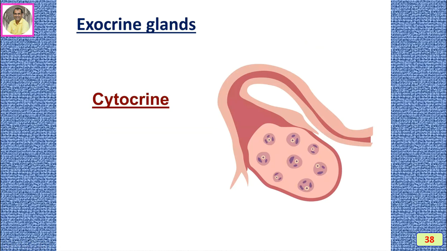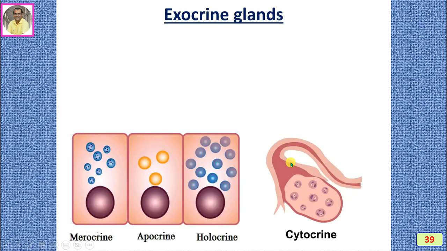Then the cytocrine glands also ovulate, and the fallopian tubes collect the ovum, and that's one of the exocrine gland functions. Simply, in merocrine the entire gland is involved in secretion of the secretory substances.